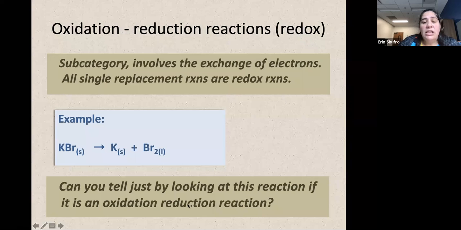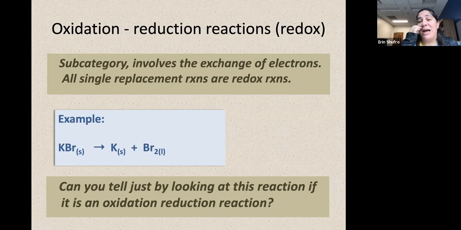So can you tell just by looking at this reaction if it's an oxidation reduction reaction? I'll tell you right now, the answer is no. The only one that you can tell immediately, instantly, if it's an oxidation reduction reaction is if it's a single replacement.